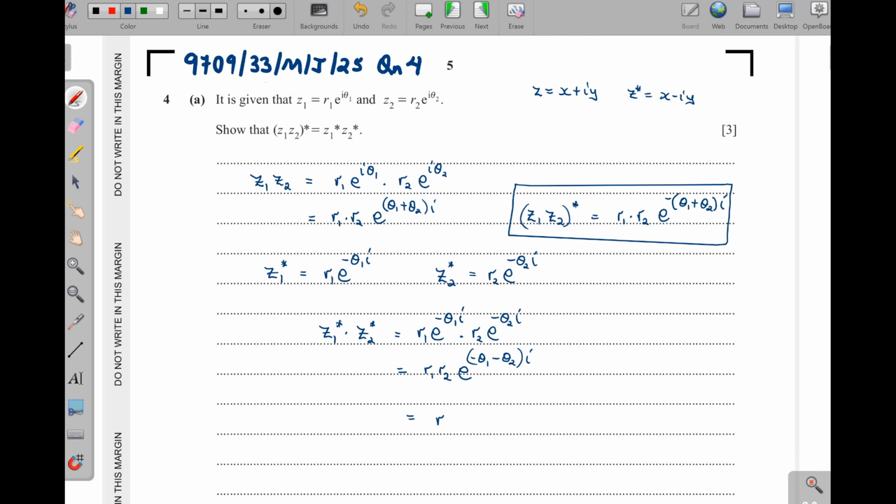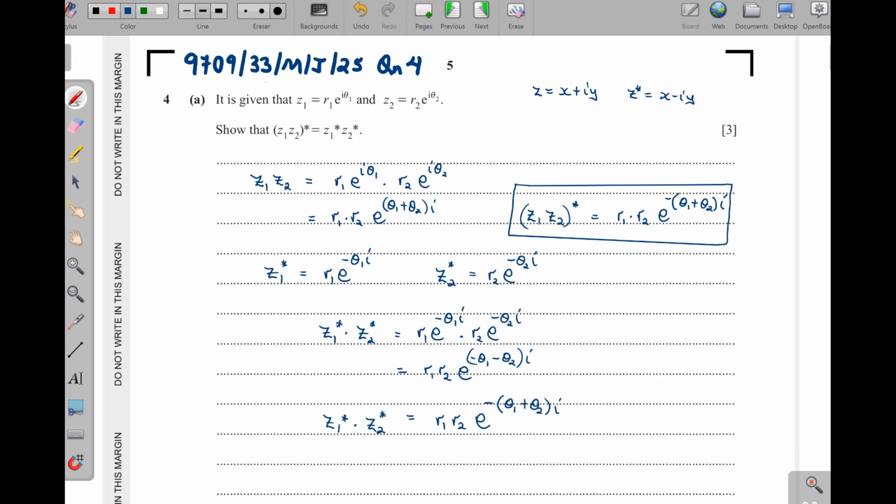Then this one will become r1 r2 e to the power of, take the negative outside, theta 1 plus theta 2 of i. You see? So that is what they have told us to prove.